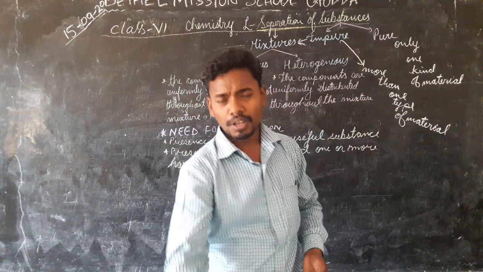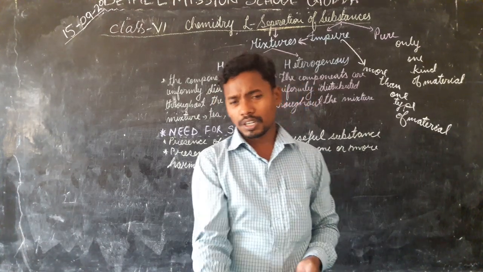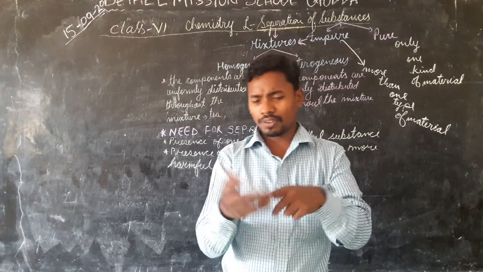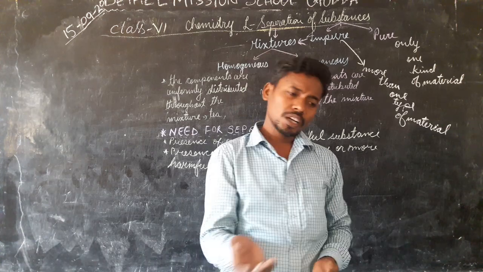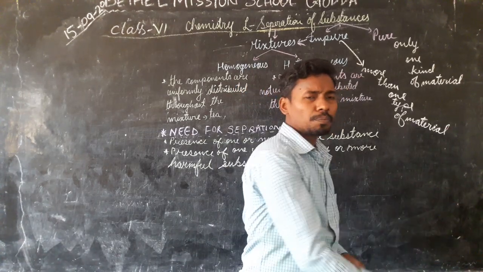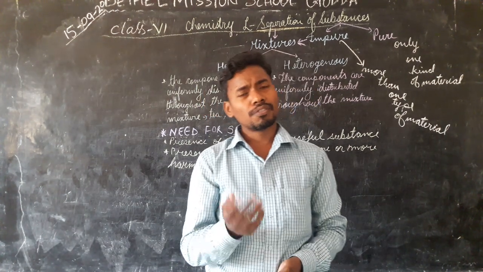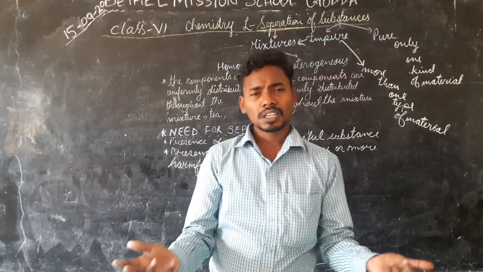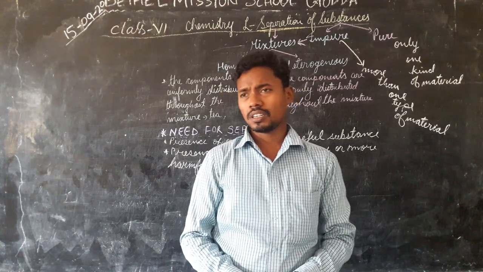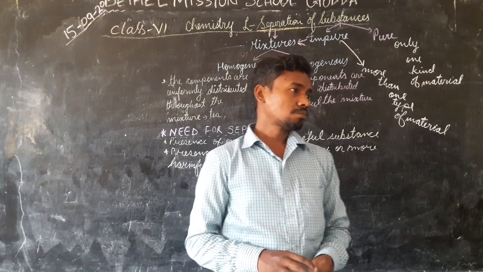If you take a handful of mud in your hand, you will see that it has different components in one ratio. But if you take mud from another place the second time, you will have a different composition. So this mud can be termed a heterogeneous mixture.